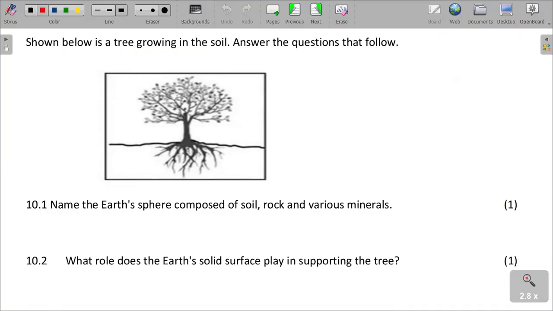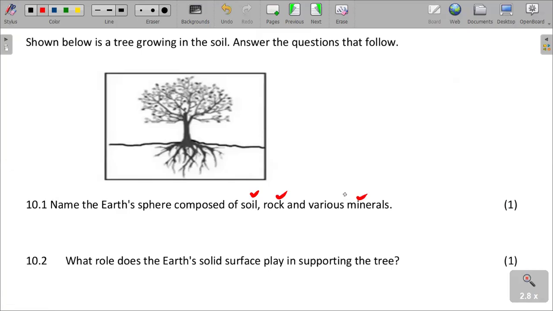I'm thinking that you remember that we have been talking about the various spheres that we have. If you can relate well, you will understand that we talk about the biosphere, the lithosphere, the thermosphere and so on. So, name the earth sphere composed of soil, rock, and various minerals.